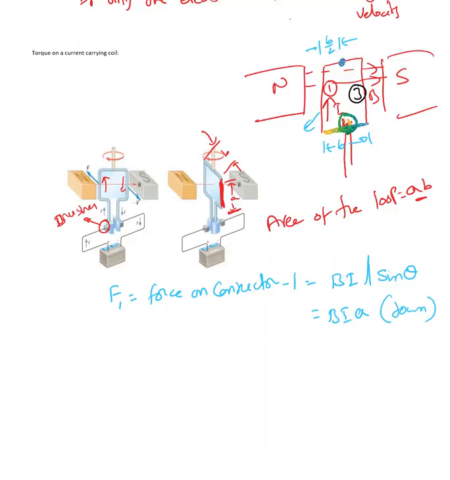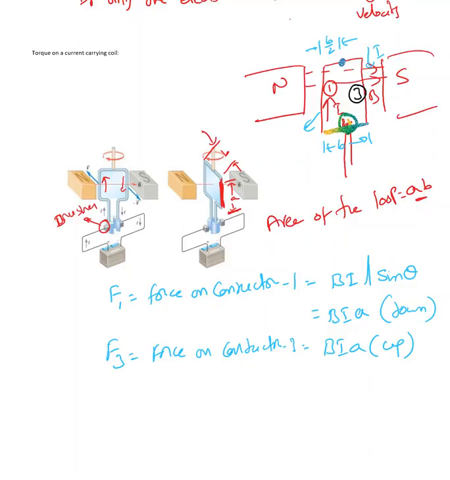Now force on conductor 3, F3, equals the same thing BIA, but it's going to be upward because current in conductor 3 is coming towards down. Here current is going up, so that's the reason they both are going to go in opposite directions.